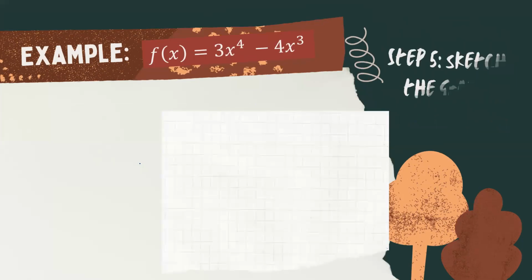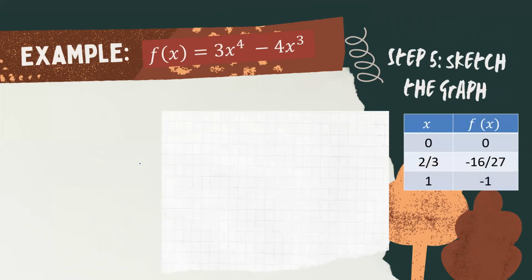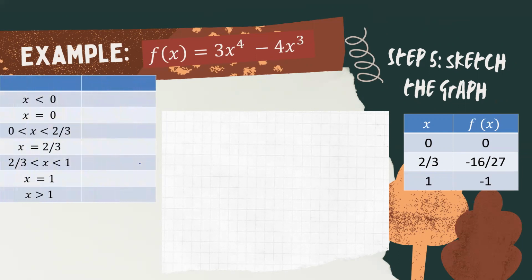Now for our step 5, we sketch the graph. We're ready to sketch the graph. So ito yung mga nakuha nating values kanina. Ayan. Tapos ito yung interval natin. So ang inflection point ay ito. Sabi natin dito ay decreasing. Tapos ito inflection point. Tapos dito ay increasing. Decreasing pa rin pero concave upward. Tapos dito ay inflection point din. Tapos dito ano nga ba?